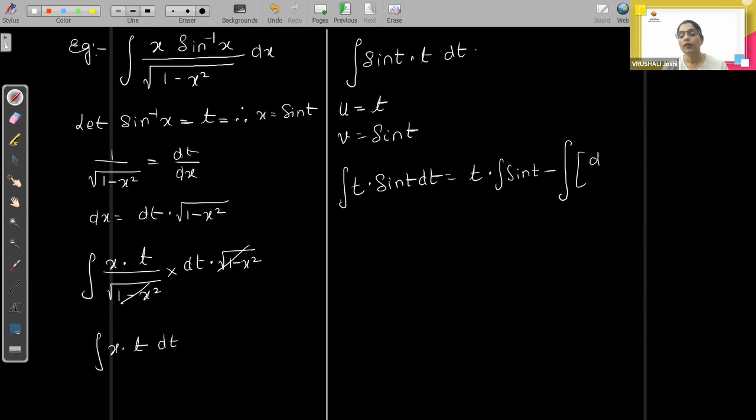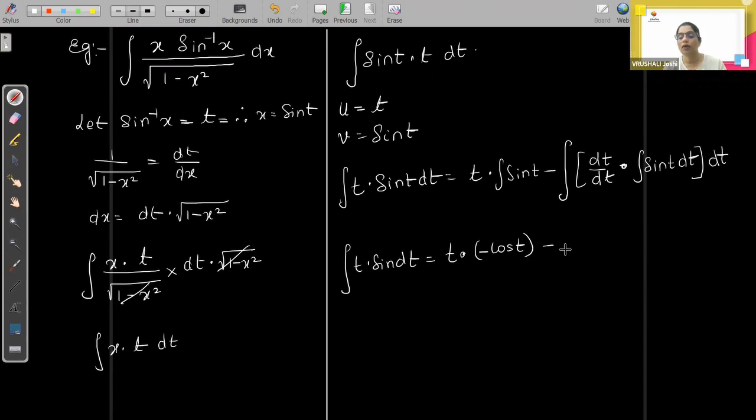Whole derivative of the first function into integration of the second function, the whole dt. Here dt will come. Correct. Now this is equal to integration of t into sin t dt. The answer of this is going to be t into minus cos t.